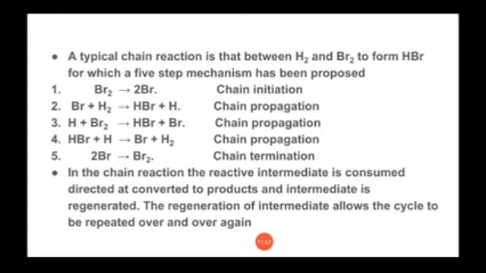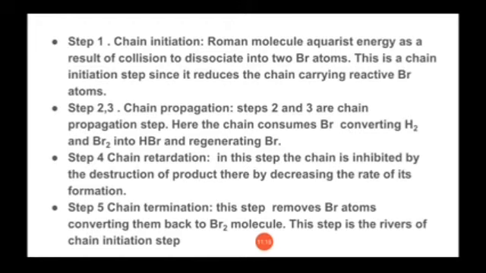Now we'll discuss this 5-step mechanism one by one. Step number 1 is chain initiation. Here the bromine molecule acquires energy as a result of collision to dissociate into two Br atoms.